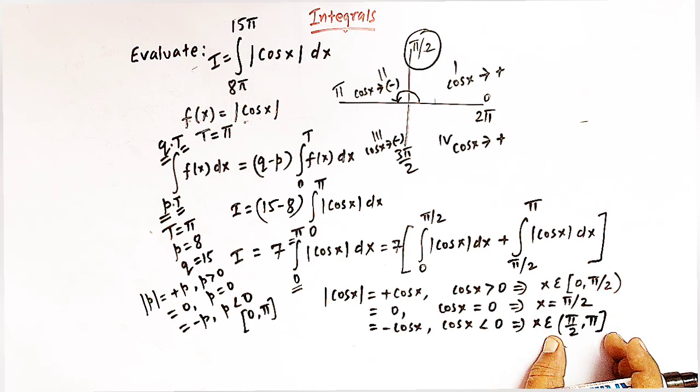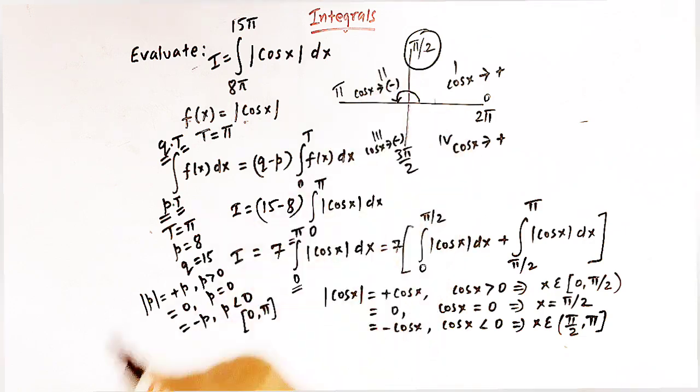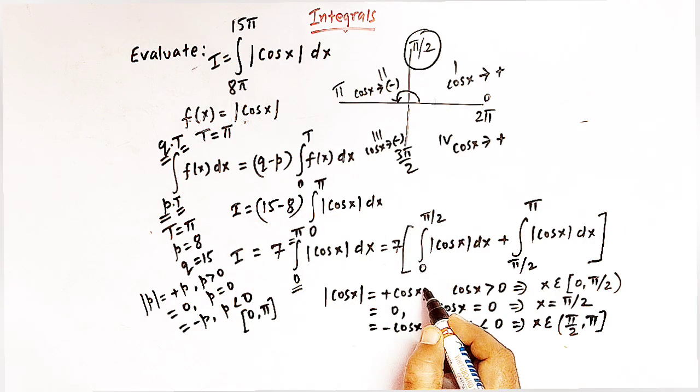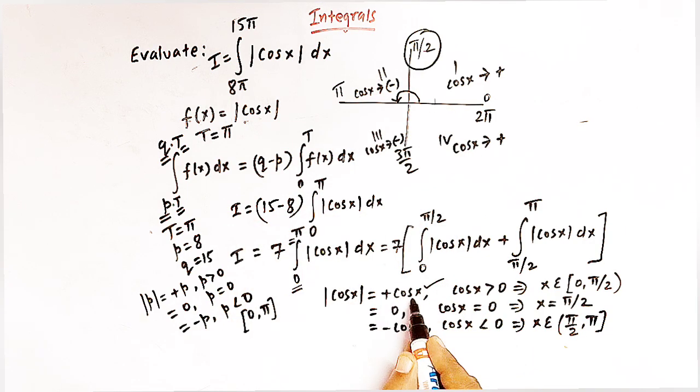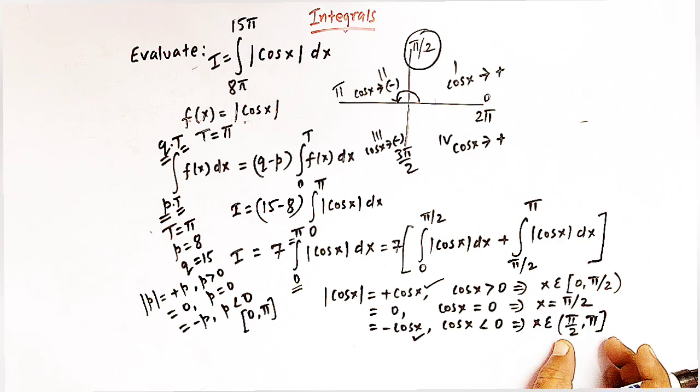So this interval indicates the second quadrant, right? So in the first quadrant, cosine function is positive. At x is equal to pi by 2, cosine function is 0. And in the second quadrant, the cosine function is negative when x belongs to this interval, right?